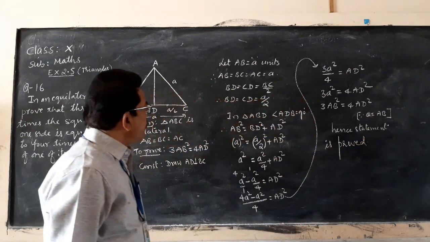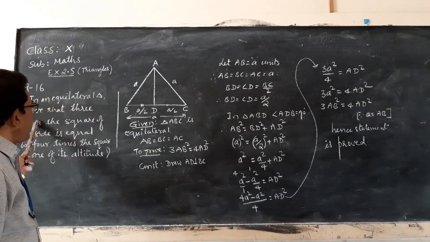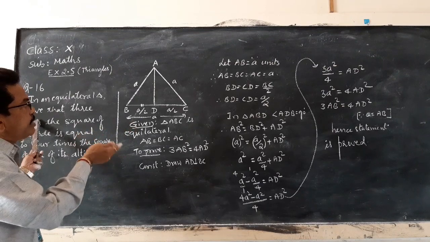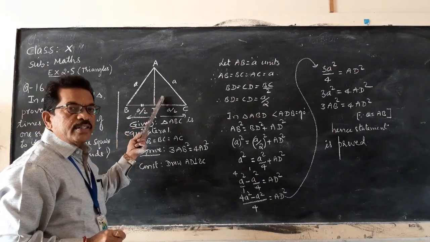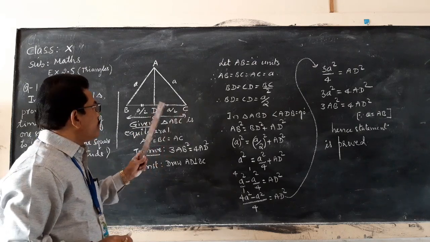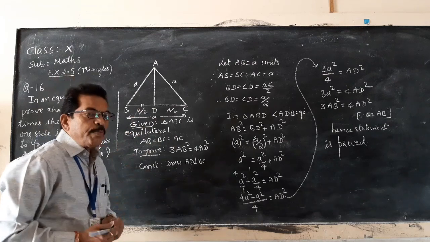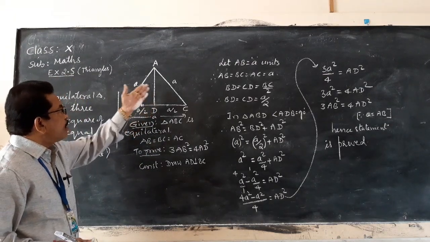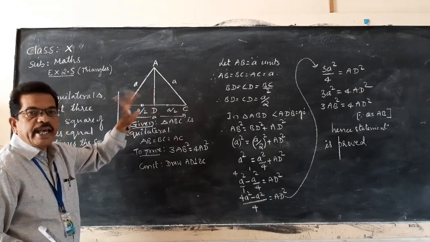Okay, very simple one. In the equilateral triangle, prove that 3 times the square of any side: AB square is the side, BC square is the side, AC square is the side. Any one triangle you can consider and prove the result. I have considered the triangle ABD. All the sides are equal to A because I have considered one of the sides as A units.